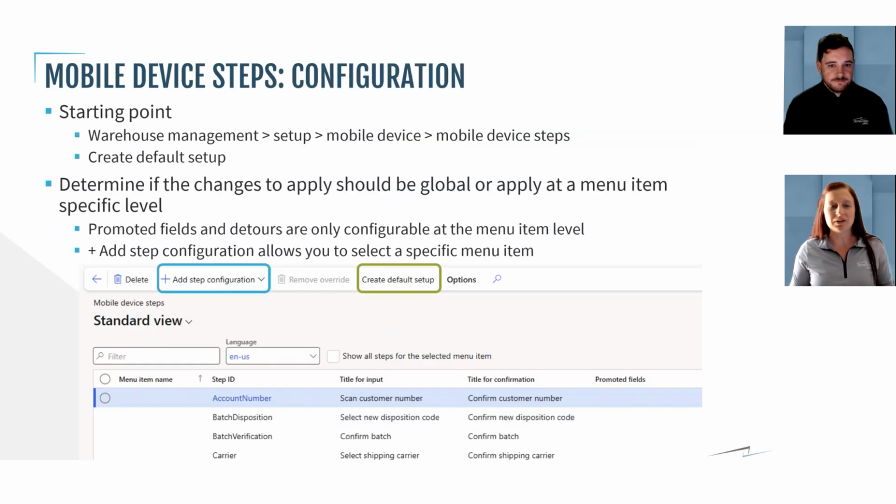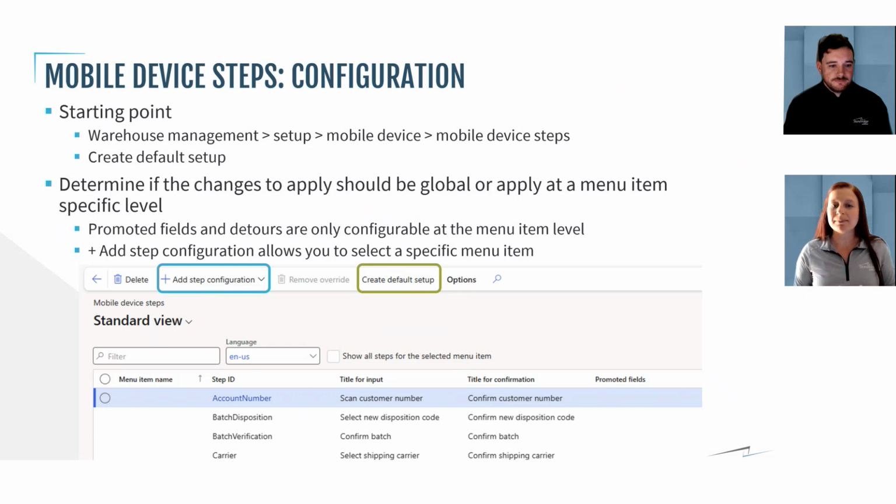But to enable all of this setup, you're going to follow the path listed on the screen, opening the mobile device steps screen. When you first open that page, it's going to be blank. So you're going to want to press Create Default Setup. This is going to pull in every step you can complete on the mobile device with Microsoft's default step instructions.